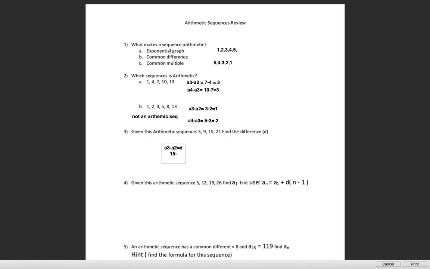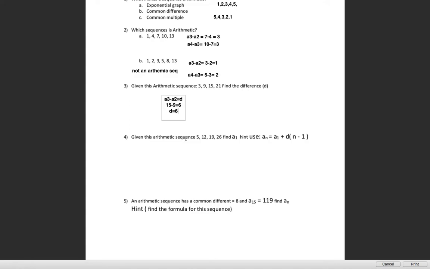Our second term is 9. And that equals a whopping 6. So our difference here, D equals 6. So that's how you find your difference. You just take your third term and you minus it from your second. That's going to give you your difference.